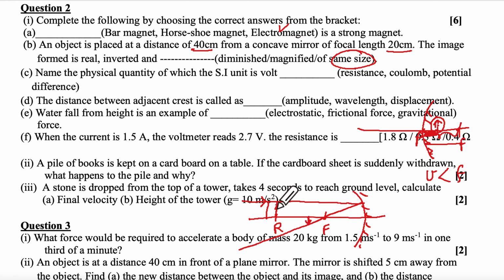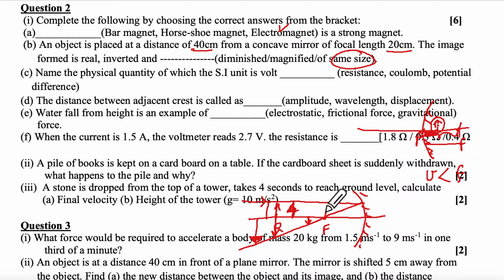If you bring it here, the image will be here: real, inverted, and same size. If I bring the object here, the image will be real, inverted, and magnified. So diminished, same size, magnified as we come closer.